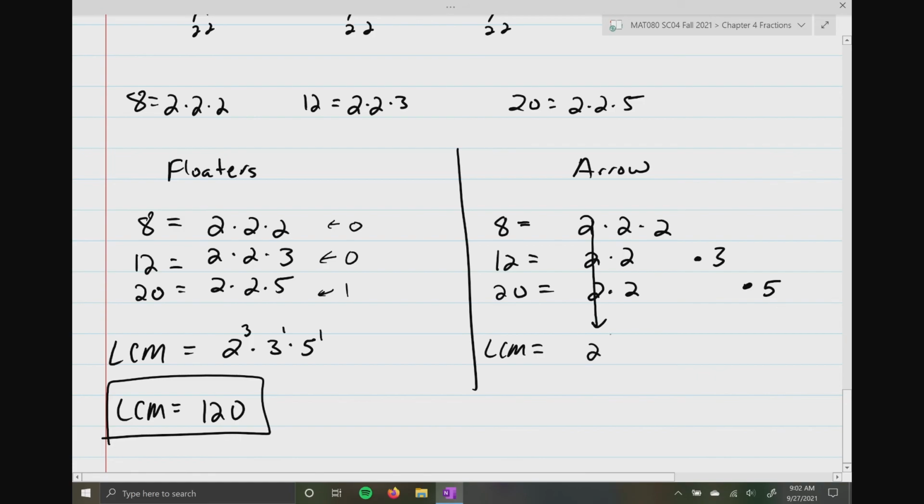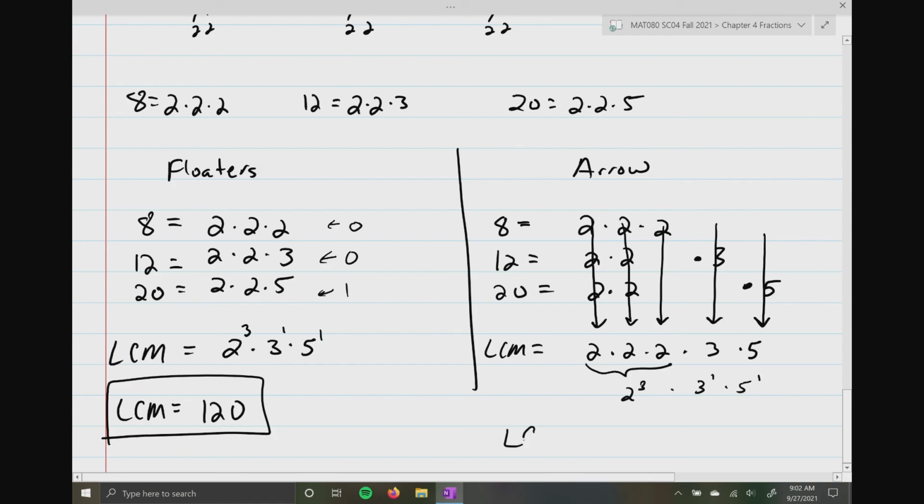A 2, a 2, and a 2, a 3, and a 5. But if you notice, you still get 2 to the 3rd times 3 to the 1st times 5 to the 1st, which is still going to be 120. Good?